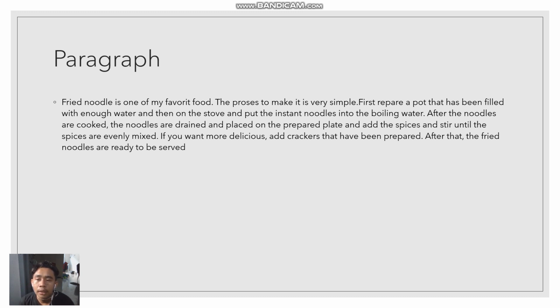After the noodles are cooked, they are drained and placed on the prepared plate, and add the spices and stir until the spices are evenly mixed. If you want it more delicious, add crackers that have been prepared. After that, the fried noodles are ready to be served.